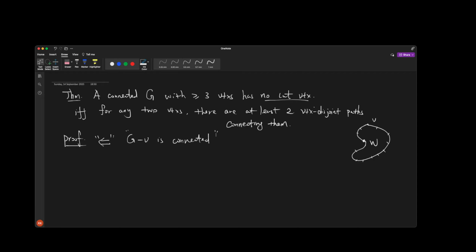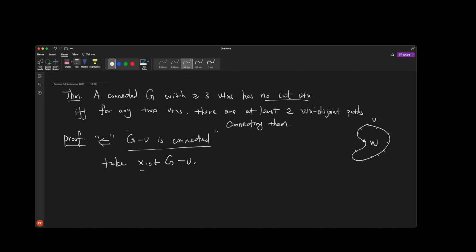Okay, so I think this is pretty clear. We can take any x, y in this graph.